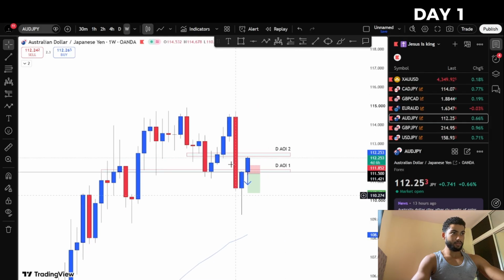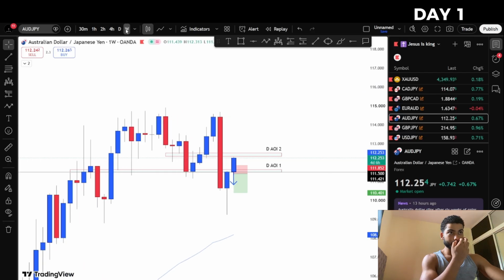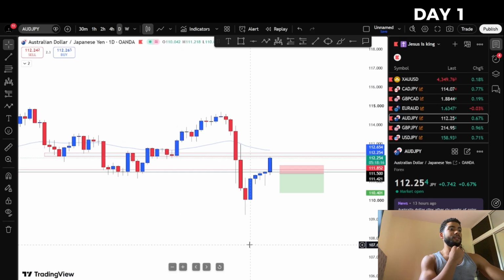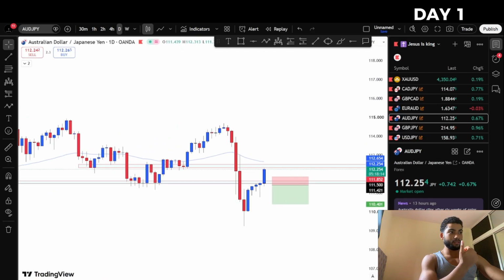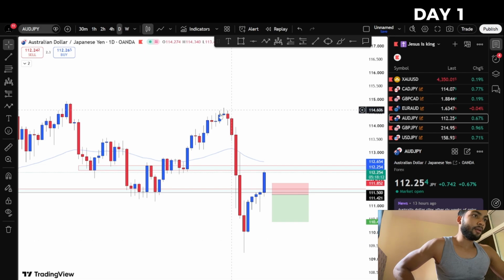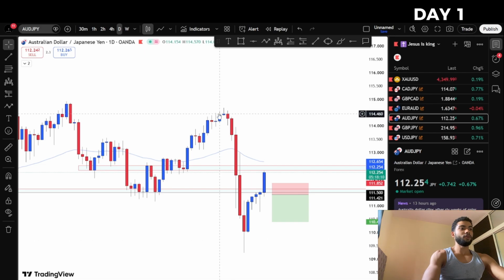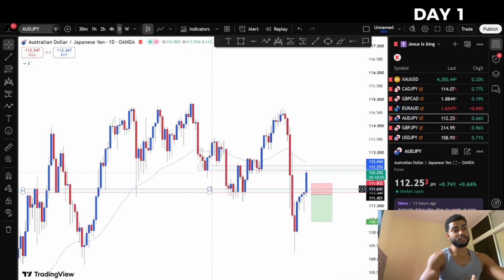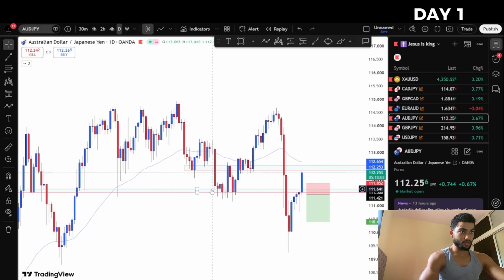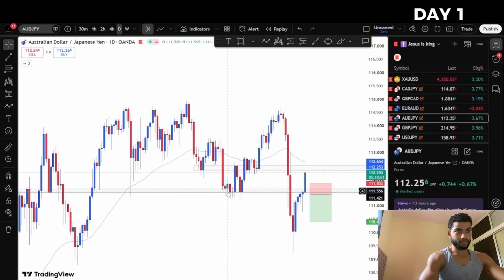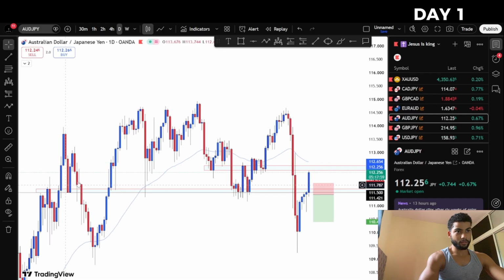So this pair, which is AUD JPY, is bearish. This is the lower low, this is the lower high. And on the daily time frame, we are also bearish. This is the lower low, and this is the lower high. So I was waiting for price to reject this area of interest, and in this case I was going to sell, obviously. Here I have another area of interest: whenever we're below, we're heading down, and whenever price is above it, we're heading up.